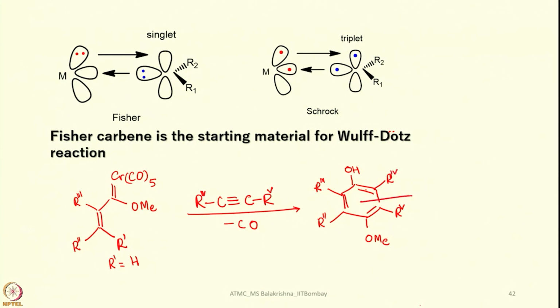And now this entire aromatic group binds, and you can see this is forming an eta 6 arene, I would say.